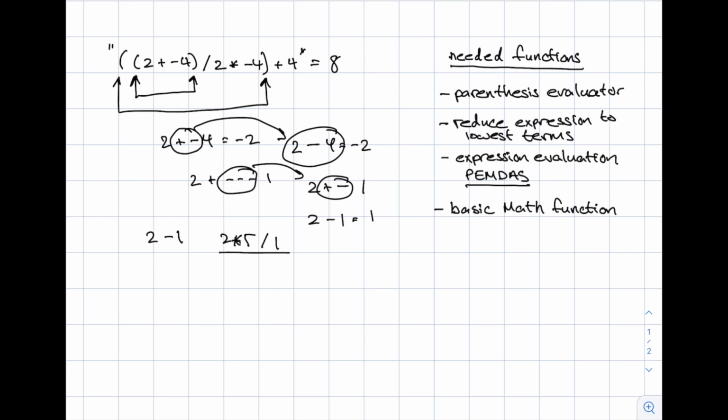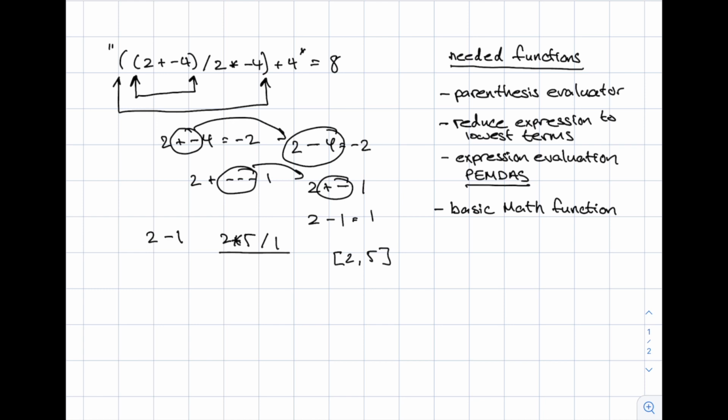Now, this expression evaluation does not perform the basic arithmetic. It simply tells us what should be evaluated. What it's going to do is call upon this basic math function, which is going to take 2 arguments. One, an array of numbers, so in our case of 2 times 5, it will take 2 and 5.